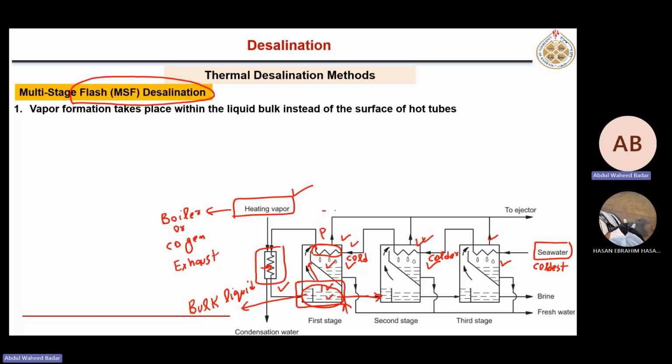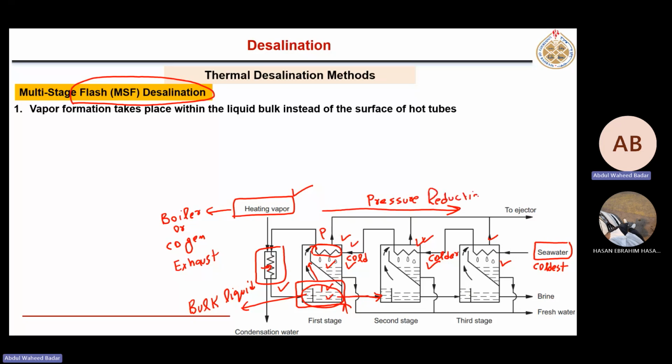So as we move in this direction from first stage to second and then to third, pressure is dropping. Okay, so the pressure in those vessels is reducing.